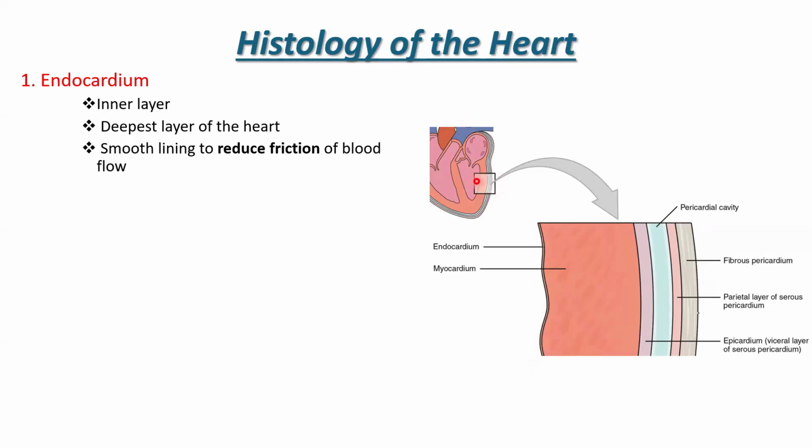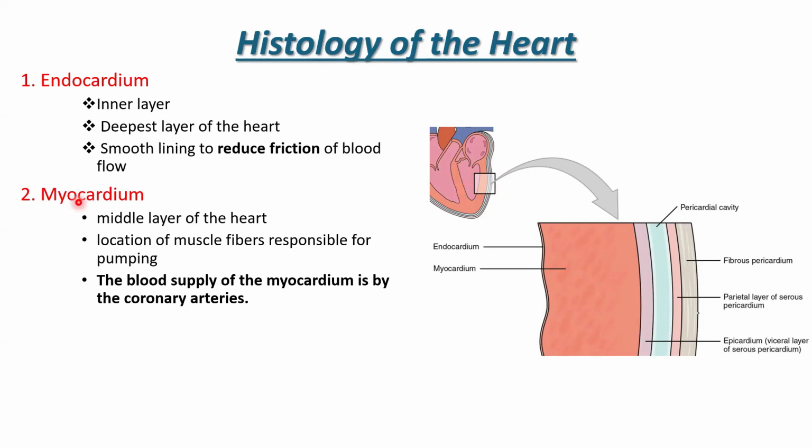Once you magnify this portion here, it will give you three layers. The innermost layer is the endocardium, the deepest layer, and its function is to reduce friction. You can remember that the function of this heart is to pump blood. Then you have the myocardium.